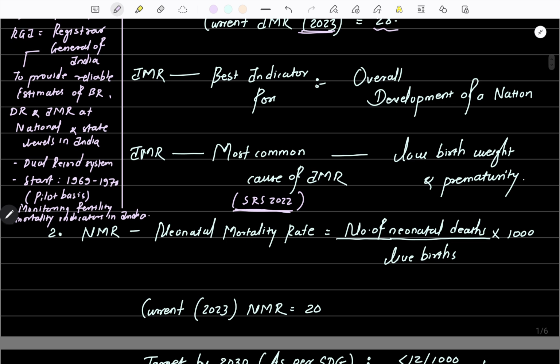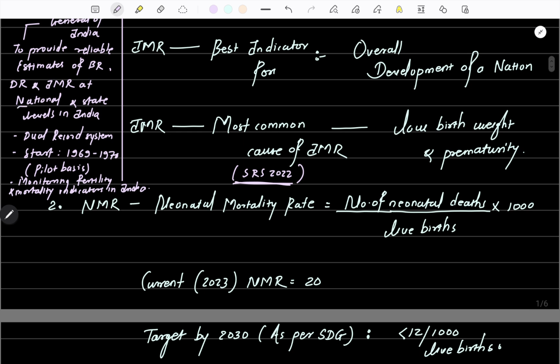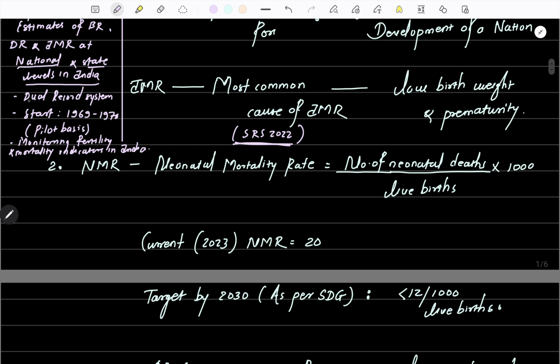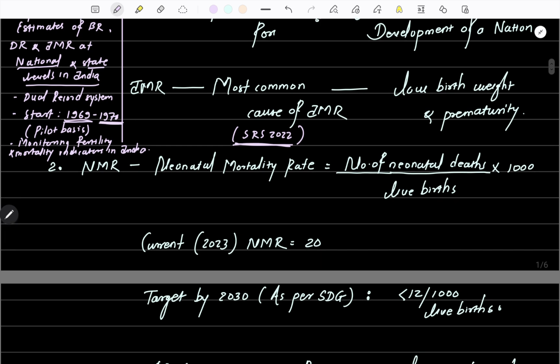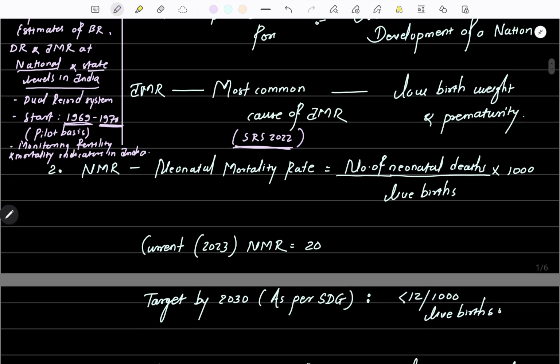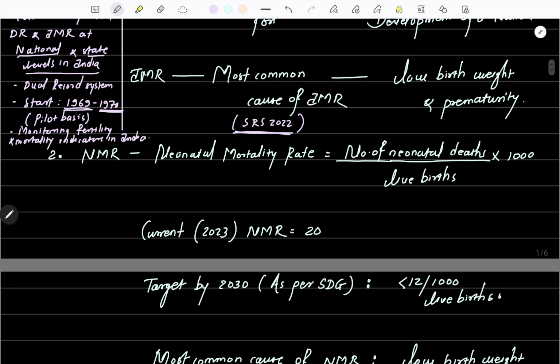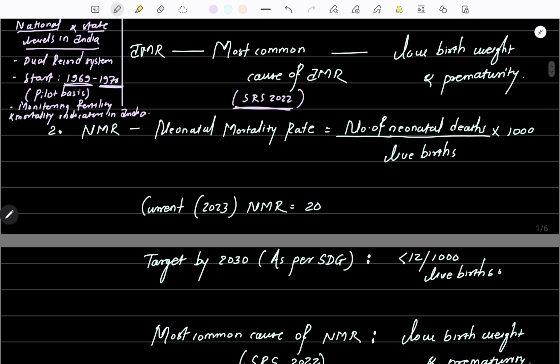It provides reliable estimates of birth rate, death rate and infant mortality rate at national and state levels in India. It is a dual record system, and it started from 1969 to 1970. Actually, it was on a pilot basis, and it's very helpful for monitoring fertility and mortality indicators in India.